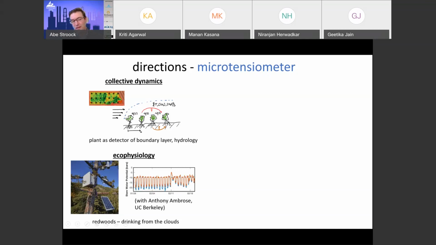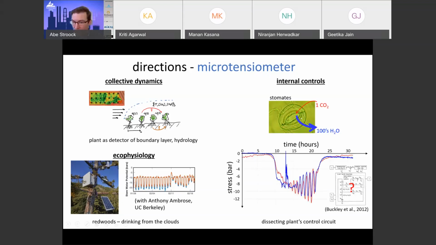It's stuck at, this is a measurement at about 100 meters, and it never returns beyond the rho GH of about 10 atmospheres. And then we have an opportunity to go after the biology of this biological control circuit, these stomates, and they are really like a PID system.